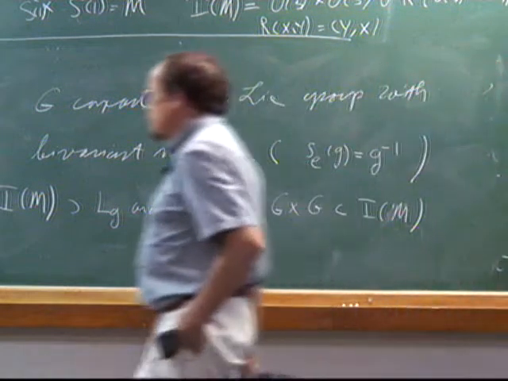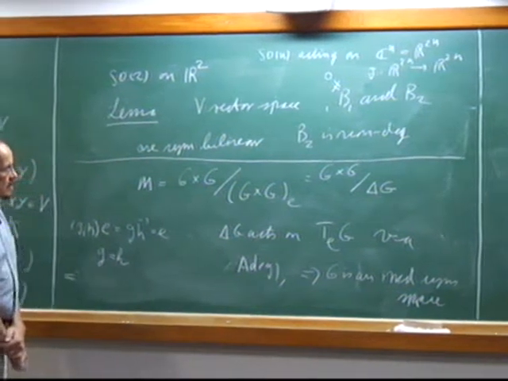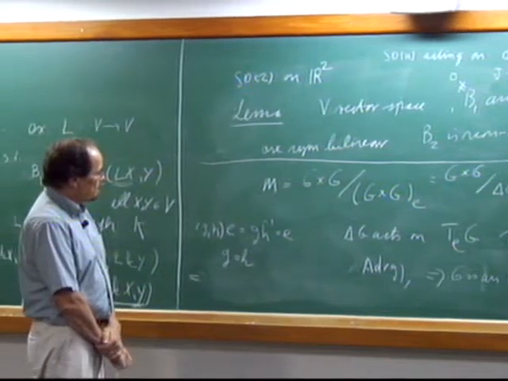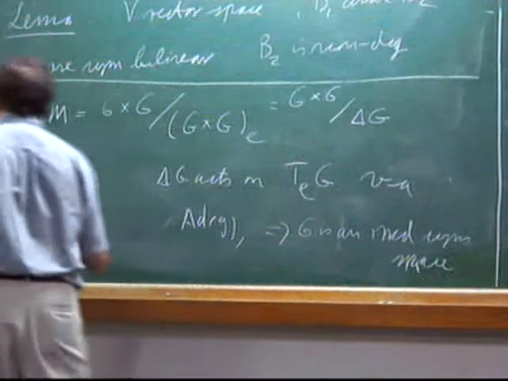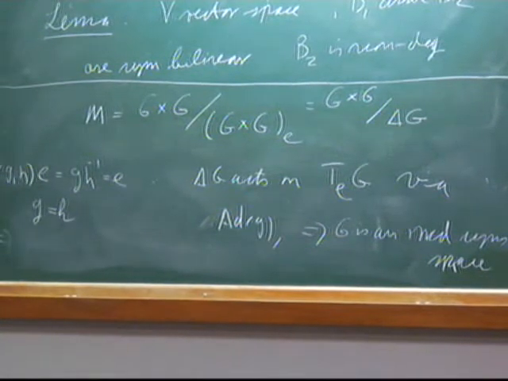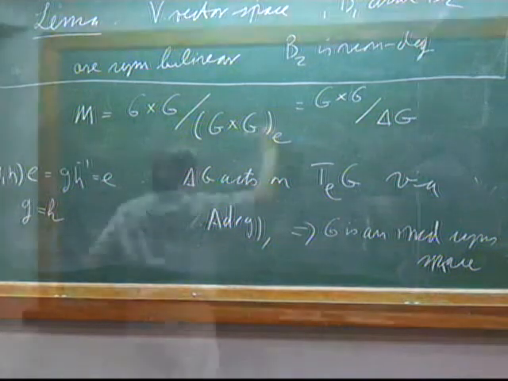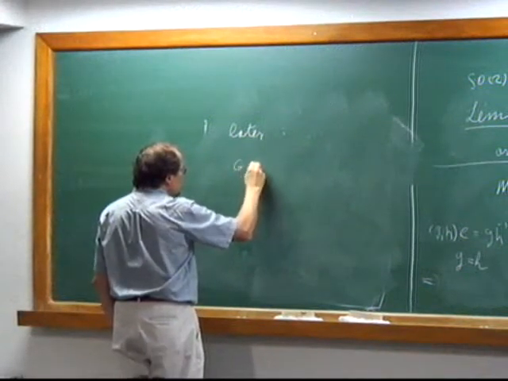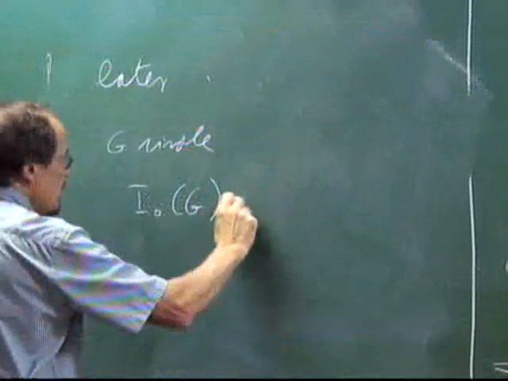So it doesn't really matter whether it's the full isotropy group or not. It's a consequence. Later on, we're actually going to see that it is true that if G is simple, then I0 of G is equal to G cross G.